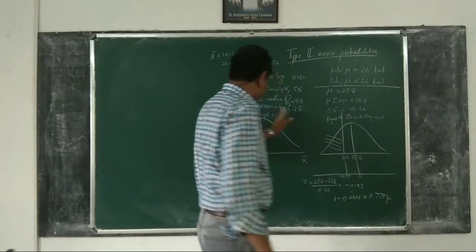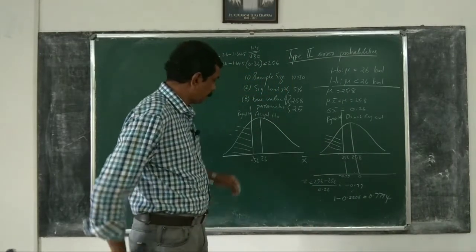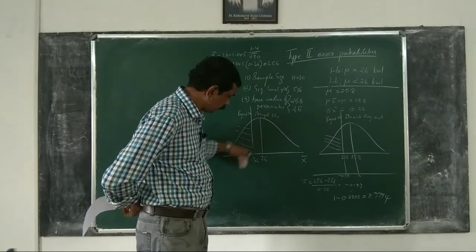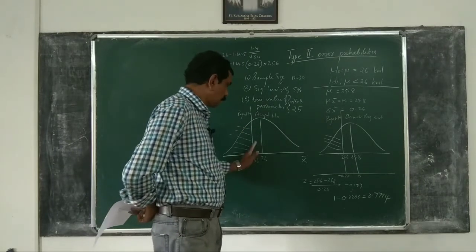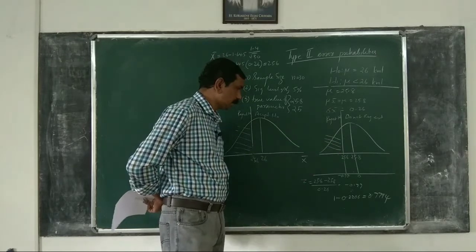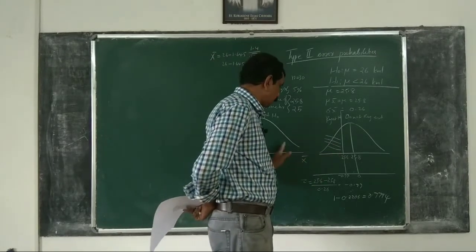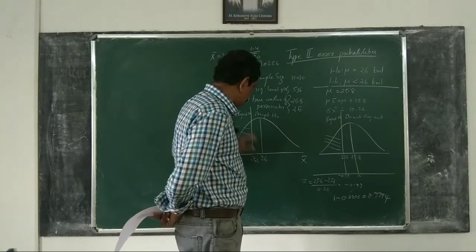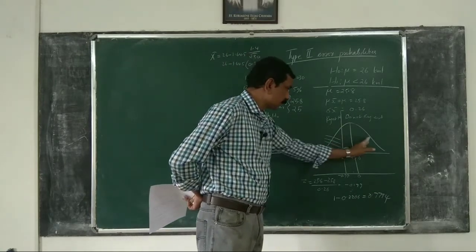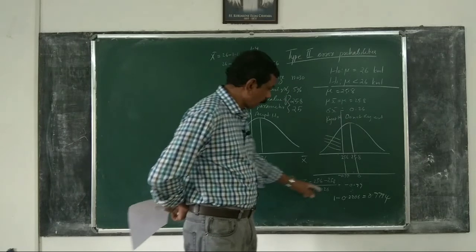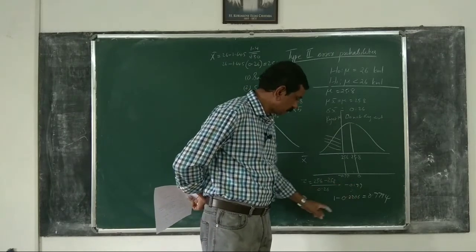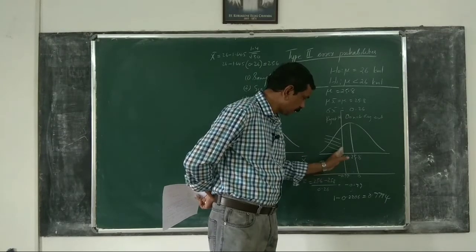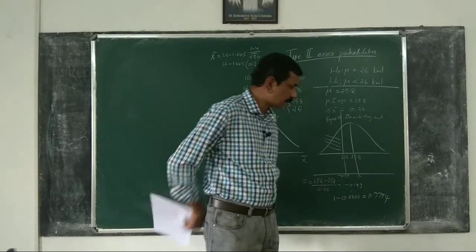So, as per this decision criteria, reject H0 if value of x bar is less than 25.6. Accept if it is greater than 25.6. So, this is the rejection region, this is the acceptance region. So, the probability that the value of x bar is greater than 25.6 is 0.7794.